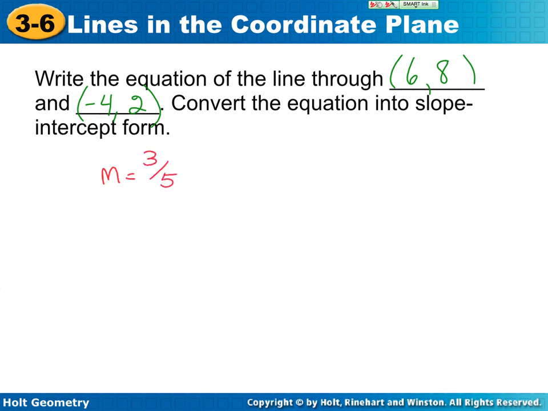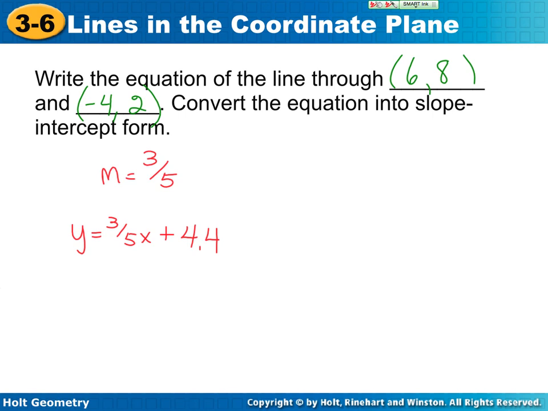And I think in the end, the equation was y equals 3/5 x plus 4 and 2/5, or 22/5, yeah. Okay, do I need to show some work? Yes. Did you get the slope right?